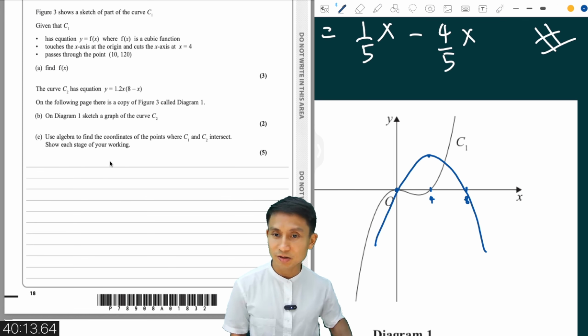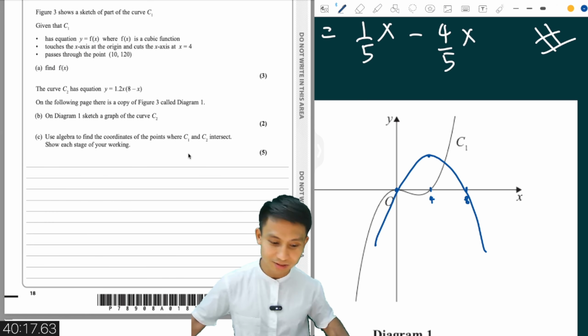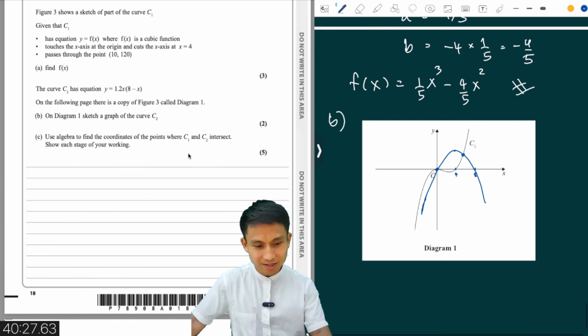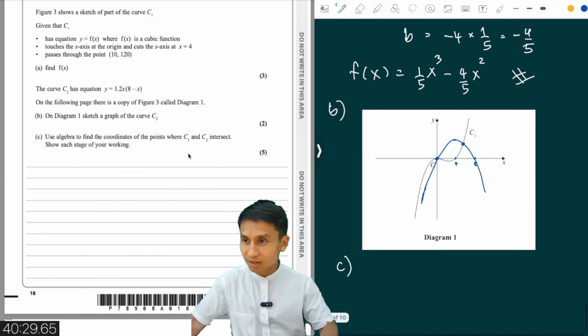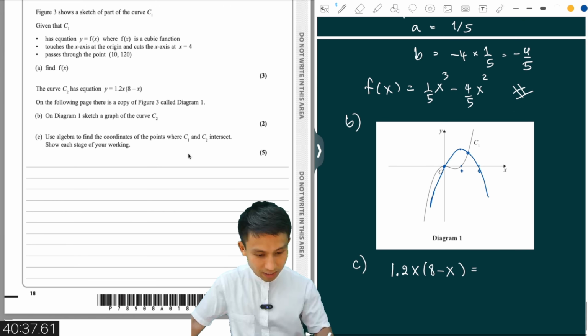Okay. Use algebra to find the coordinates of the points where C1 and C2 intersect. Wow. How many points do they intersect at? 1, 2, and maybe let's see if there's a third point there. So let's solve that. We're going to equate them: 1.2x times (8 minus x) equals the cubic equation we just found.